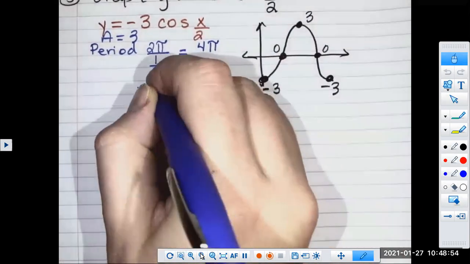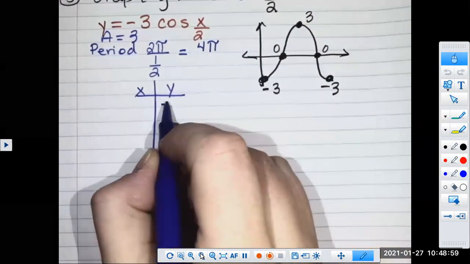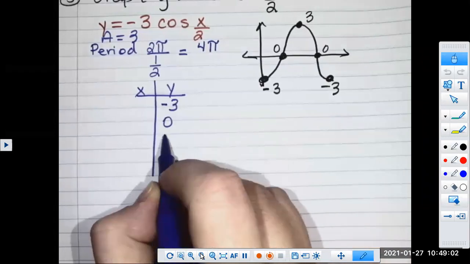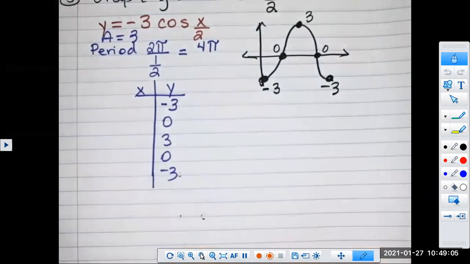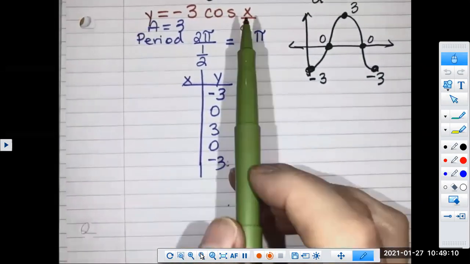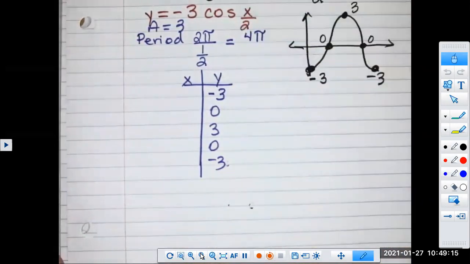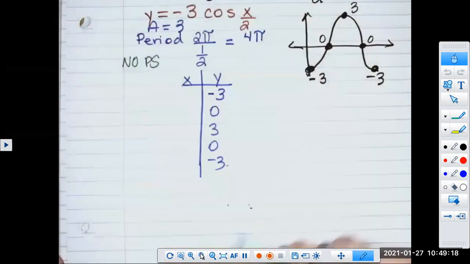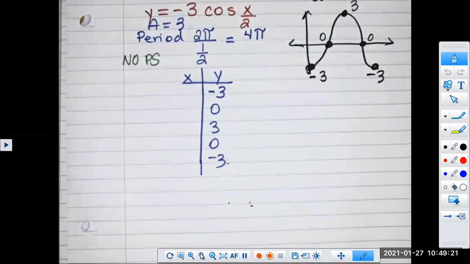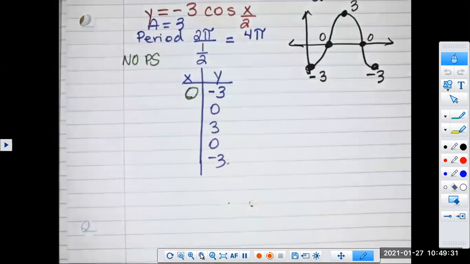Okay, let's find our 5 x's to go along with those y values of -3, 0, 3, 0, -3. There is no phase shift. We don't have anything added or subtracted with x, so there's no phase shift. When there's no phase shift, your first x is 0.